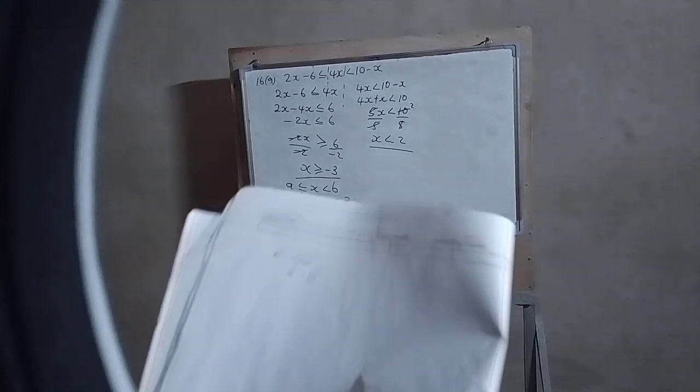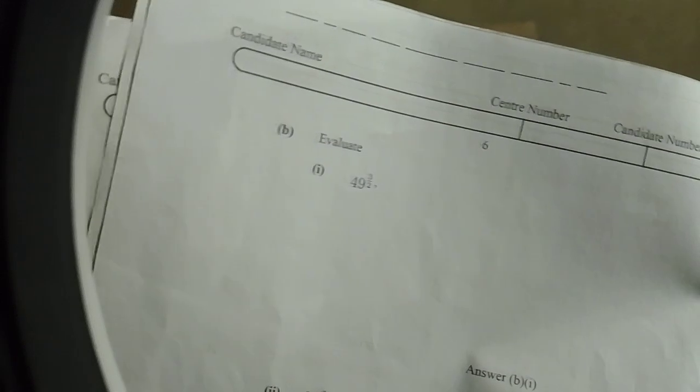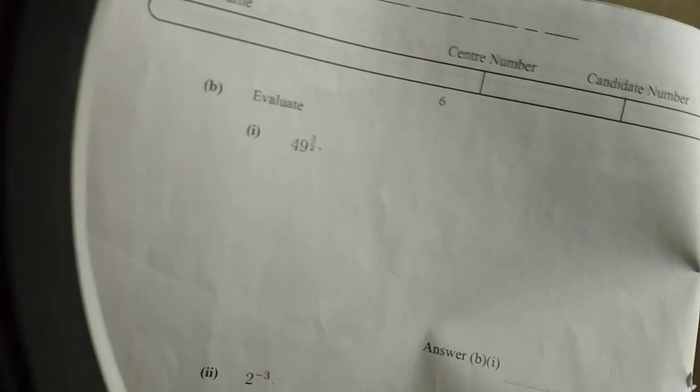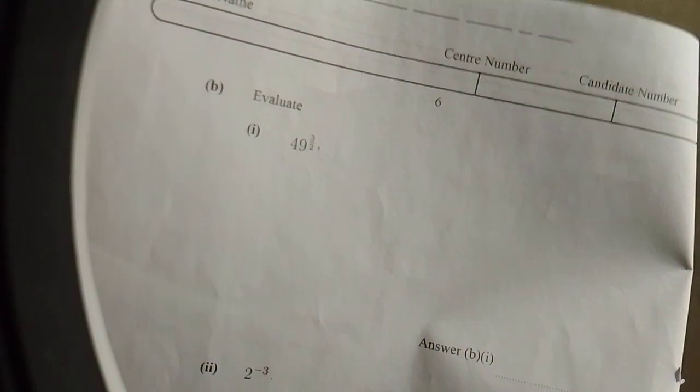That's again another popular question on indices. It says evaluate item 1, 49 to the power 3 over 2, then item 2, 2 to the power minus 3. So we have 2 questions carrying 1 mark each.